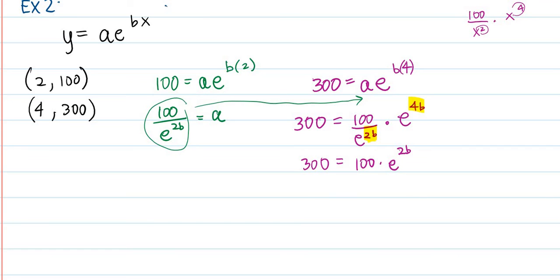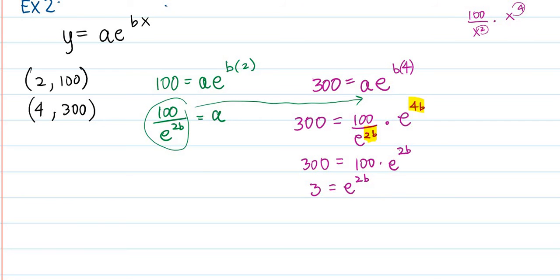Okay. Then in order to continue to solve for b, I'm going to divide by 100 on both sides. So now I have 3 equals e to the 2b. b is my unknown, and it's part of the exponent. Hopefully you recall from the last lesson that to get your variable out of the exponent, you're going to use your inverse property. So you're going to take the log of both sides.